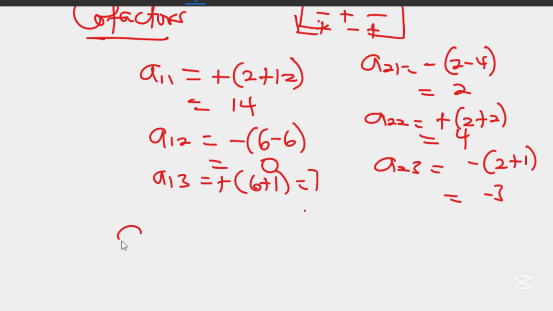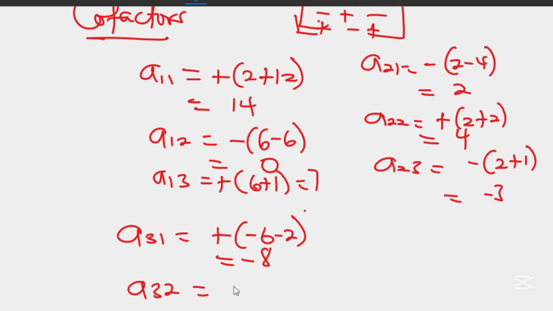Then we go to A31, which is equal to plus bracket negative 6, negative 2, and that gives us negative 8. Then we have A32, which is negative 6, 6 minus 6.